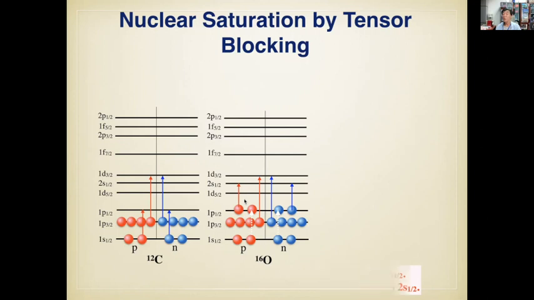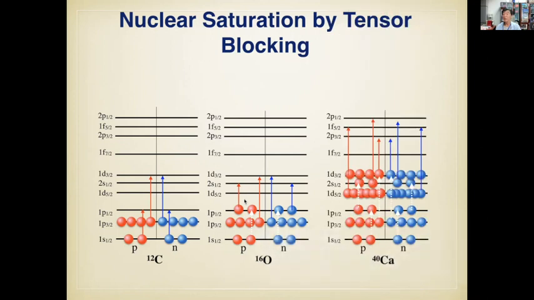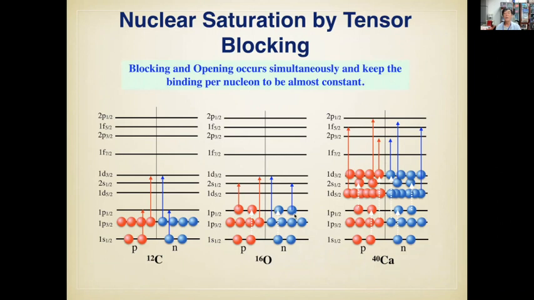And this will continue for heavier nuclei like calcium-40 and calcium-48, where it blocks many of the lower excitations, but you also gain many other things. So essentially, up to carbon-12, if you increase the number of proton and neutron pairs, you increase the binding energy by tensor interaction just proportionally.